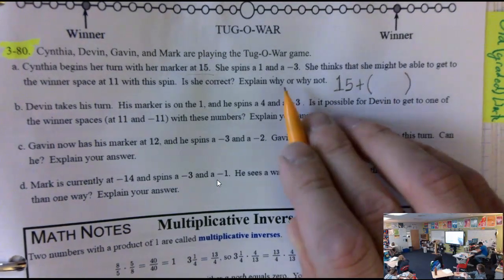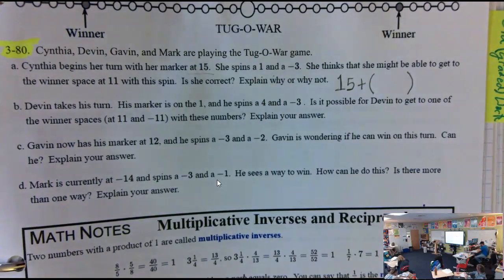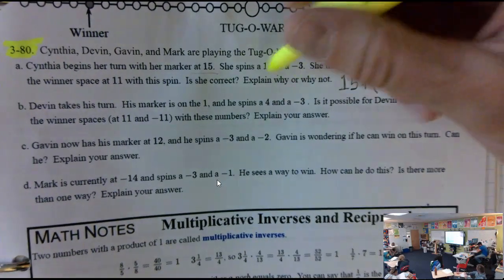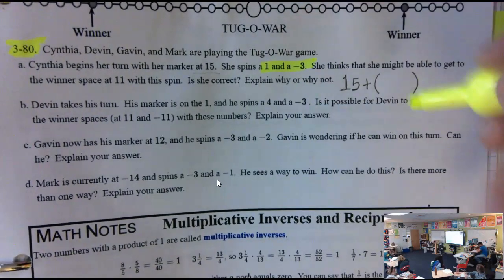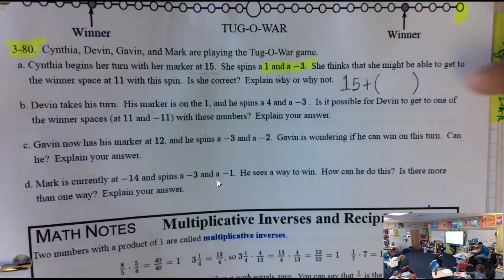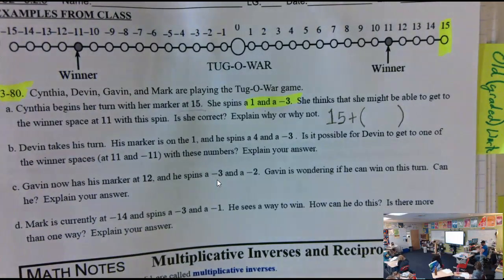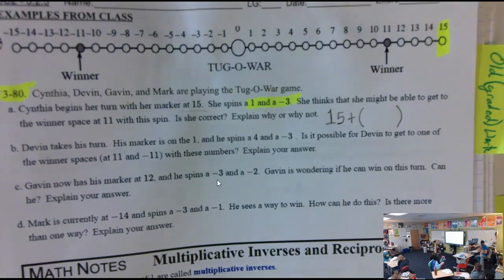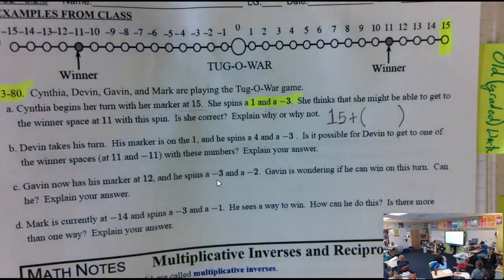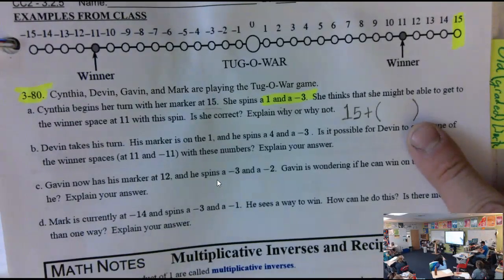So we have not combined those numbers yet. How far does she need to move if she's at 15 and wants to get back to 11? She needs to move 4, but in what direction? Back. The negative. So if you're going to talk, how could I get a -4 here?